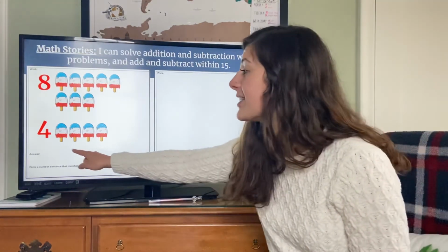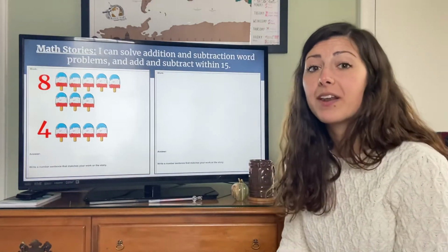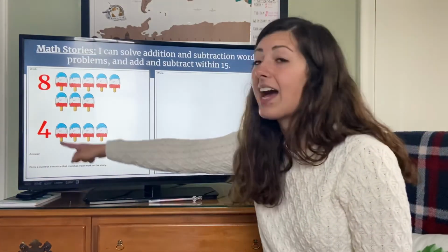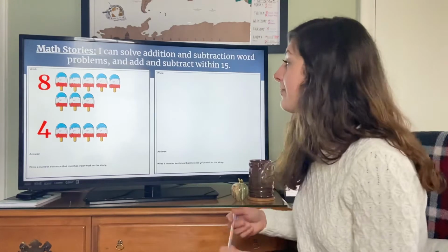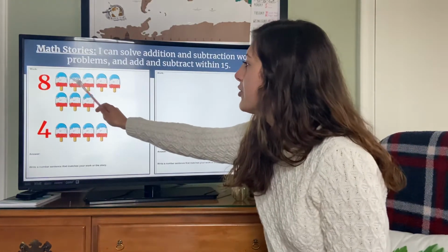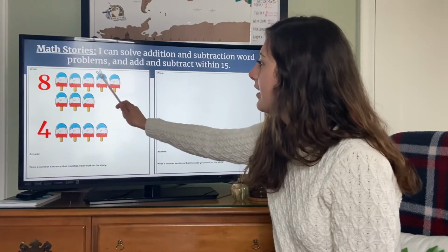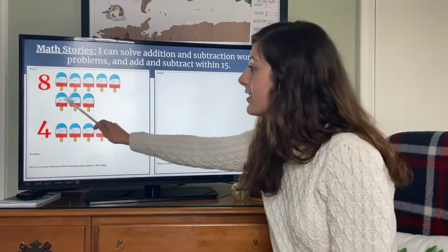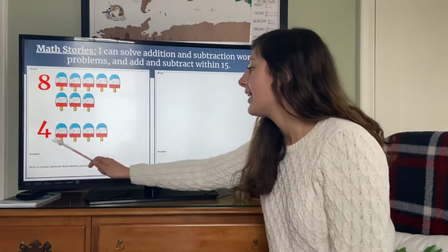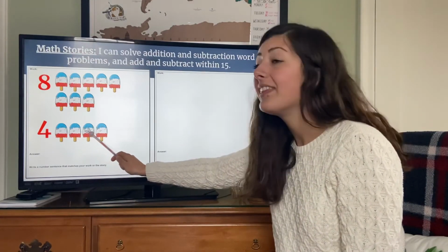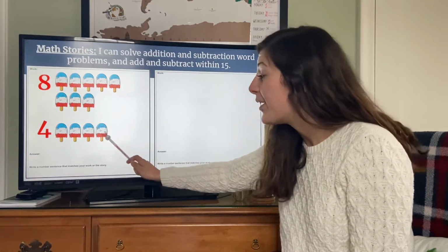Now it's time for me to come up with an answer. Remember, they want to know, how many does she have all together now? So I'm going to count. 1, 2, 3, 4, 5, 6, 7, 8, 9, 10, 11, 12.